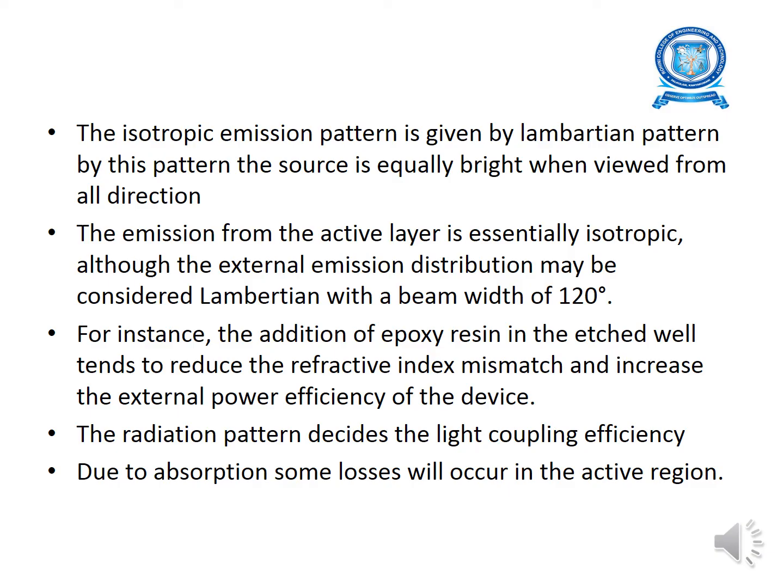At the back of the active region is the gold coated heat sink, and the fiber is connected to absorb the emitted light. The circular active area of a practical surface emitter is normally 50 micrometer in diameter and 2.5 micrometer in thickness. The emission pattern is isotropic with a 120 degree half power beam width.